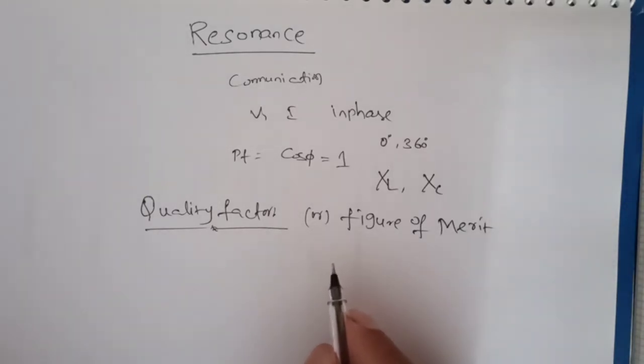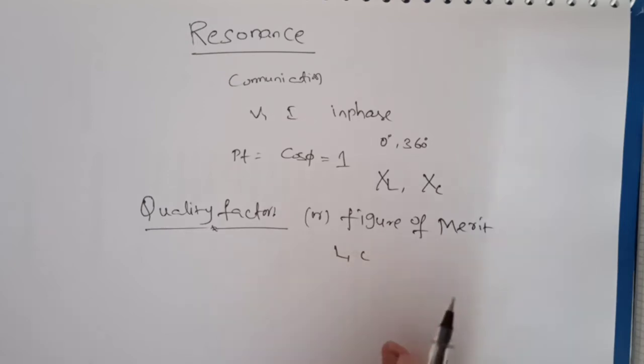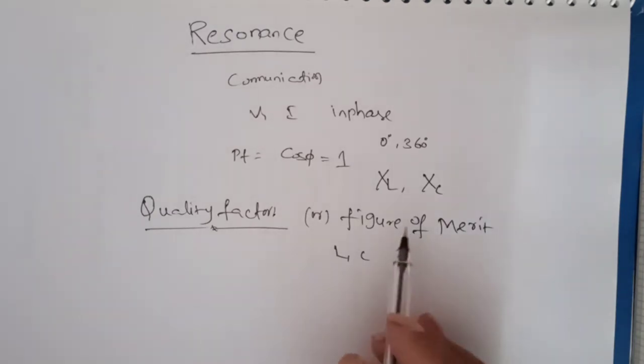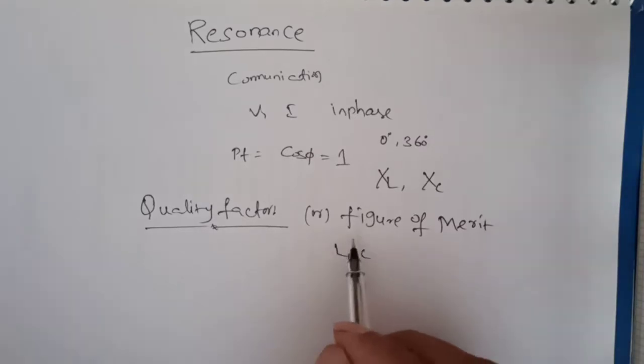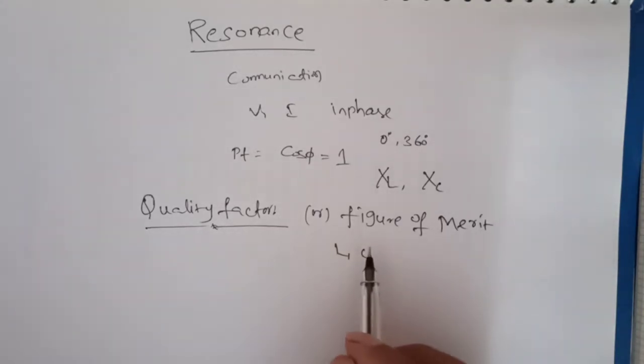Resonance is observed in an AC circuit consisting of reactive elements like inductors and capacitors. These two elements are basic passive energy storage devices. It is convenient to express the efficiency with which energy can be stored in these elements, and that can be measured by one factor called the quality factor.